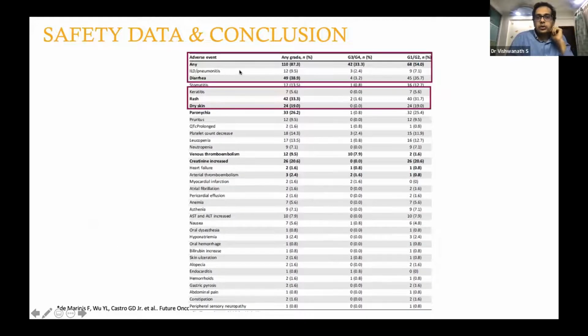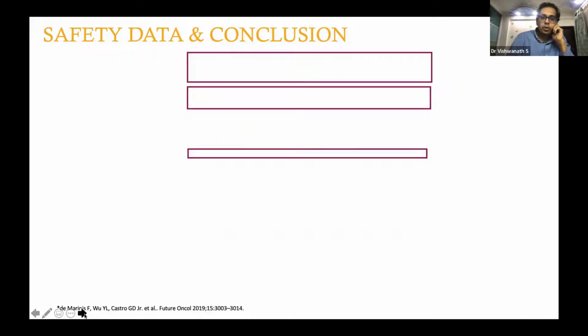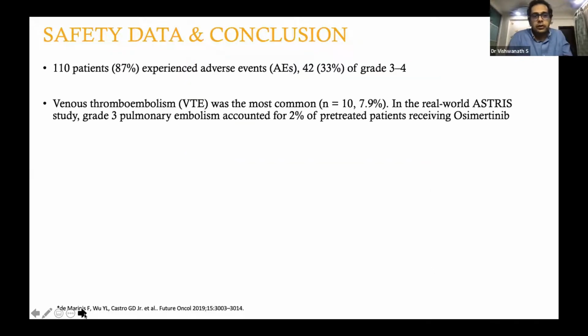So definitely the safety data was quite similar to the FLORA trial, except that in these patients, they found that venous thromboembolism, including grade 3, grade 4, which was only around 3 to 4% in the FLORA trial, here was close to 8%. And if you include grade 1, grade 2, plus grade 3, grade 4, it was significant. Venous thromboembolism was seen in this particular study.